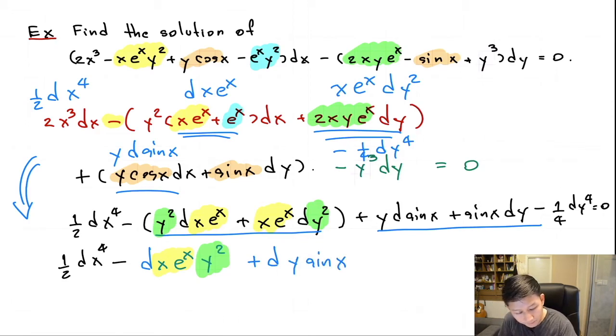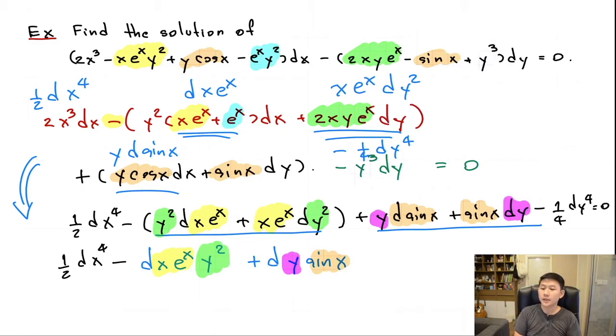Because you have f and g, so which is f dg plus g df. Make sense? And then you have minus half of 1/4 of dy equals 0.